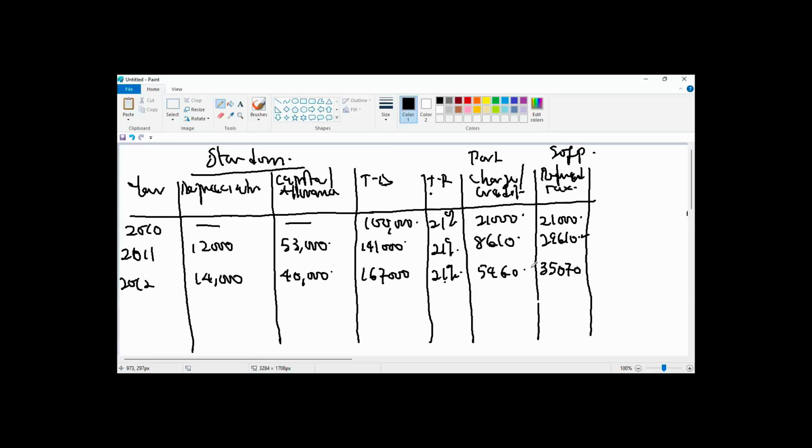They will just say they buy depreciation, capital allowance. You calculate. You will not start calculating. For 2013, $20,000, $20,000.